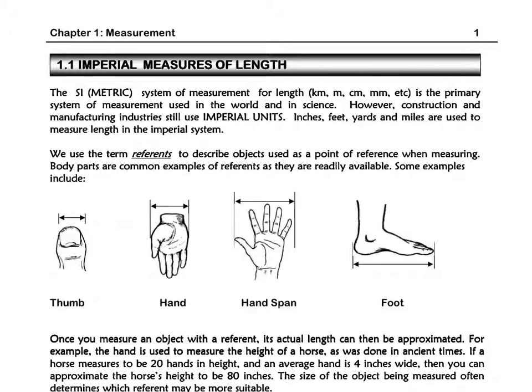So if I were measuring across the floor and wanted to figure out how many feet wide my room was, I would walk with a little bit of space between my heel and toe, because I've estimated that that's about the length of a foot. For my husband, his foot is not exactly, but pretty close to a foot long, and so he will just go heel to toe right across the room and get an approximate measure of how many feet across the room is.